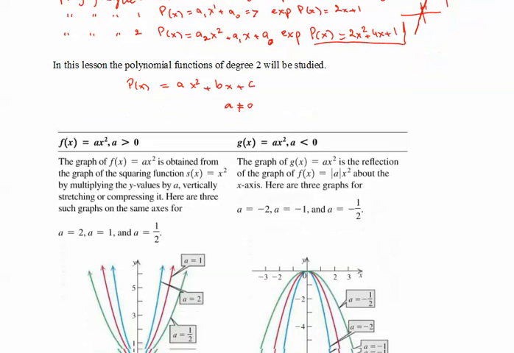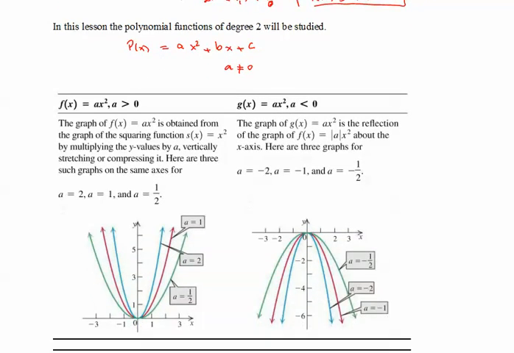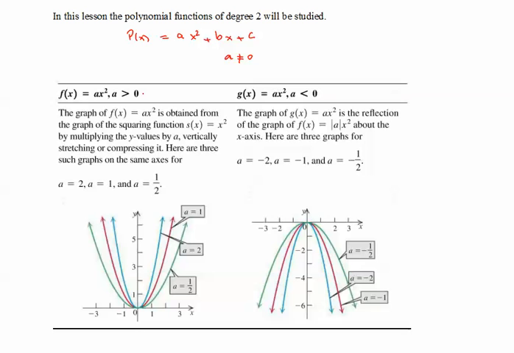So if the function f of x equal ax squared and that a is greater than 0, a is the leading coefficient, then we will have a parabola open upward, just like this graph in here. And as a changes, the graph will change as well.